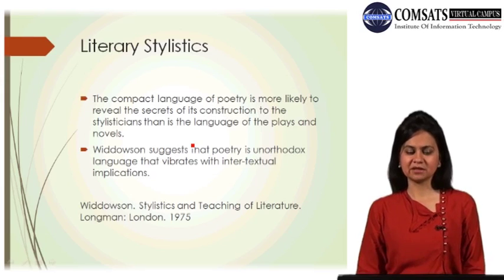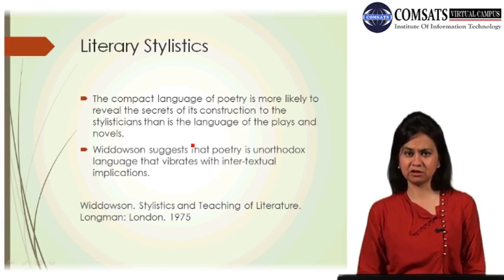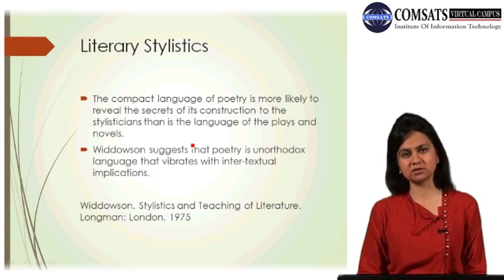So in this case, the compact language of poetry, which is composed of certain devices which the writer relies on to convey the meaning, is to be understood by picking up the items, curiosities and deviations of language from the text. The stylistician would give meaning to those deviant forms.